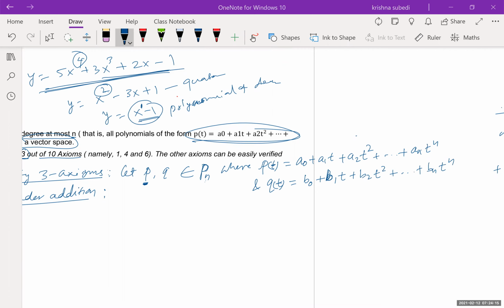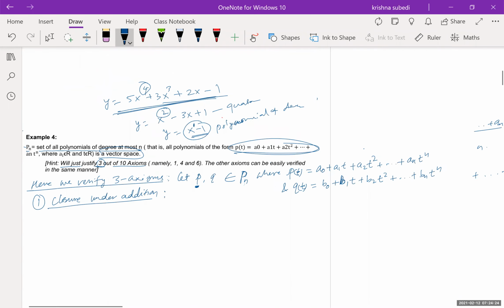Okay, guys, some people find it confusing, so please listen very carefully. And if you have any questions or concerns, let me know right away, okay? Now, we need to show that it's closed under addition. That means we need to show that p of t plus q of t also belongs to Pn.